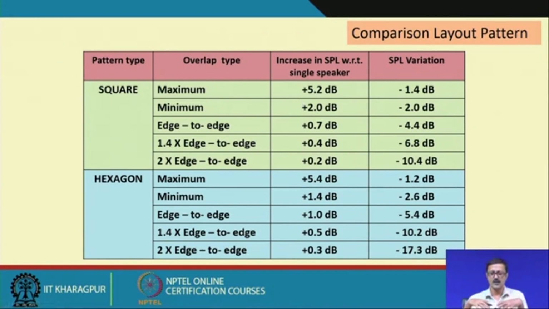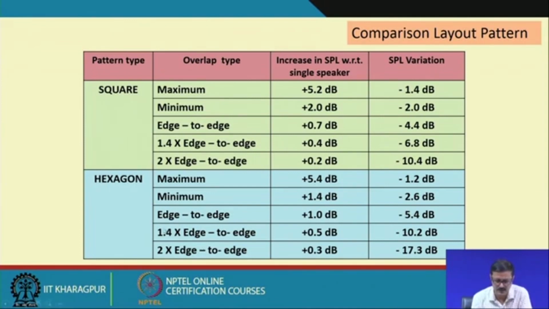For the minimum overlap, the increase over a single loudspeaker is a little less, and if you go for 2 times edge to edge, it is almost like a single loudspeaker, because the increment is 0.2 dB.